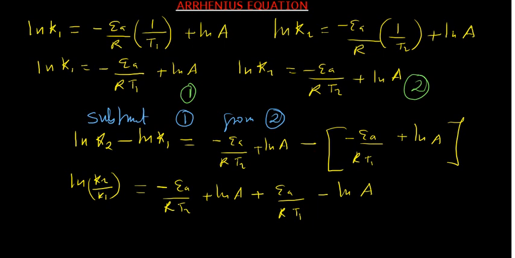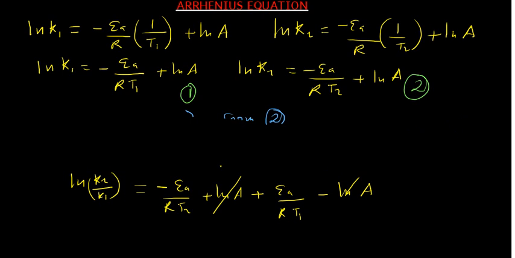Well, at this point we can notice some things. We have natural log of A positive and this one, which will be able to cancel out. Okay, so those are going to cancel out like that. And so from this point, let's go on and rewrite it all the more.